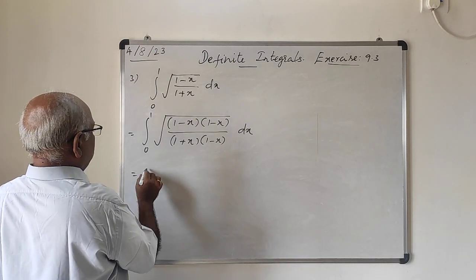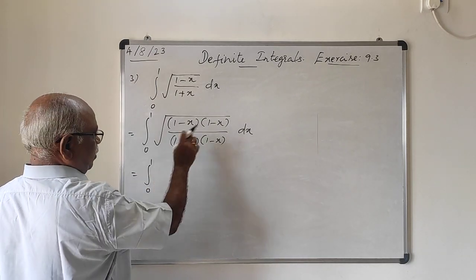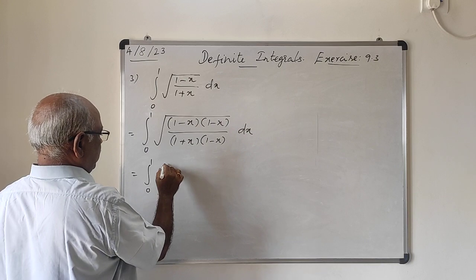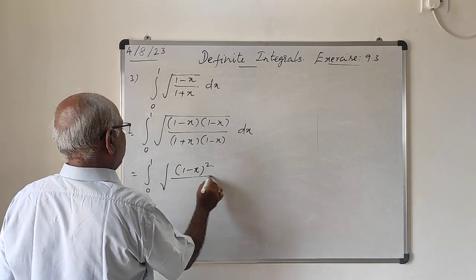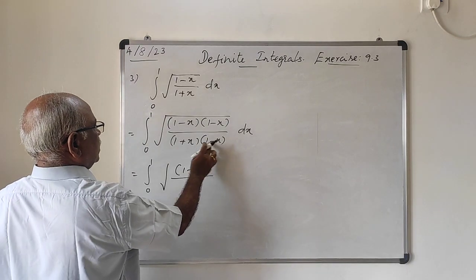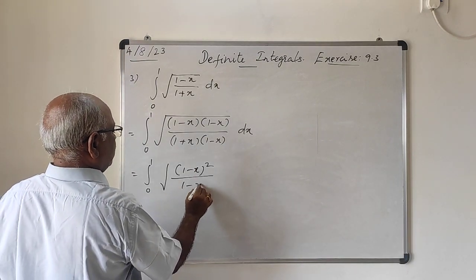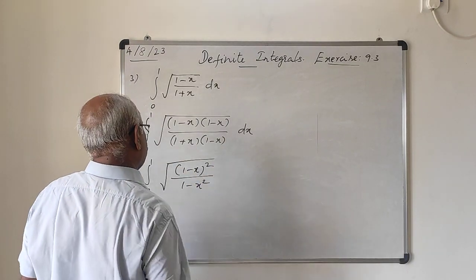The numerator will be 1 minus x whole square. The denominator, 1 plus x into 1 minus x, is 1 square minus x square.